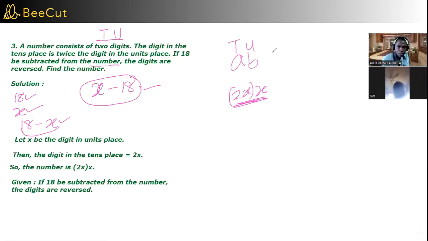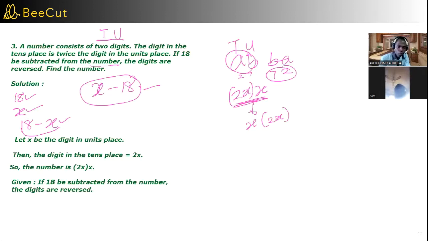So when we subtract 18 from what we have, it's going to change to become BA. So if it was 27 before, it's going to change to become 72. That is what it's saying. So this is going to change and become x then 2x, not 2x then x. The digits are going to be reversed.